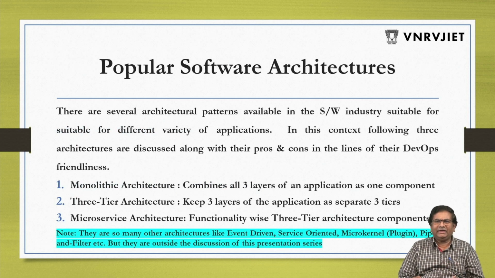Now let's go to the various popular software architectures. As far as software development is concerned, there are several architectural patterns available in the industry for a variety of applications. But we are going to focus on three main architectures that are predominantly used in the software industry for business applications.